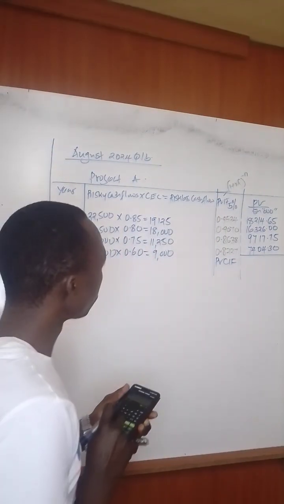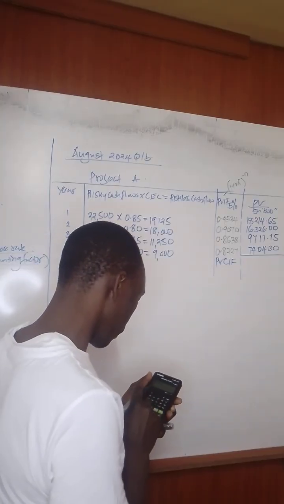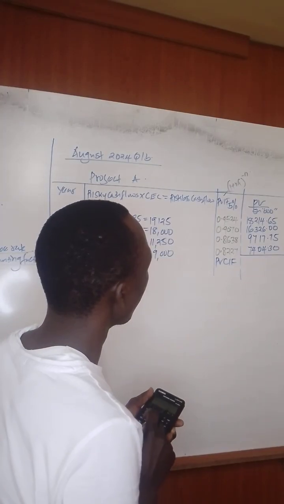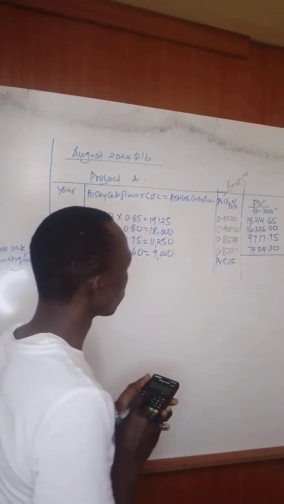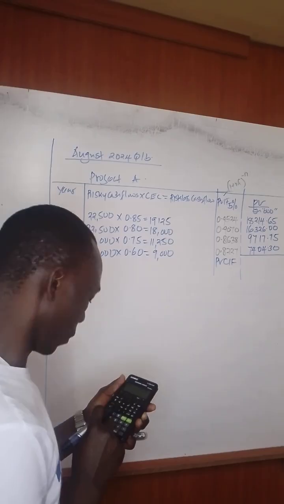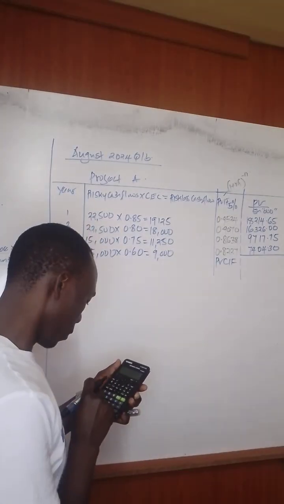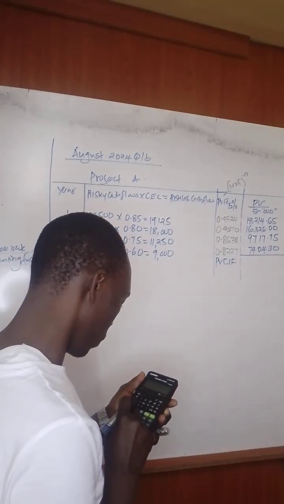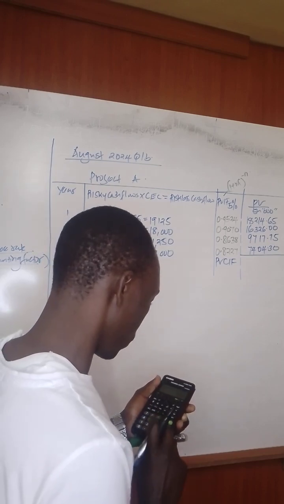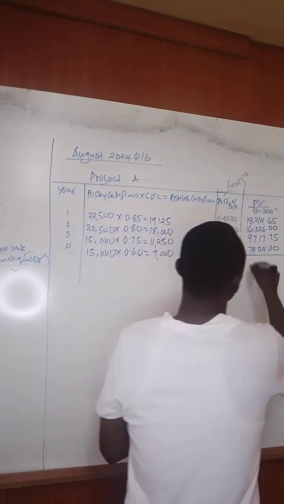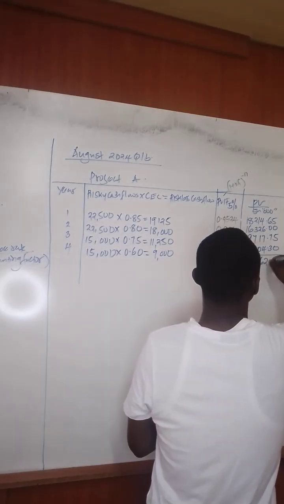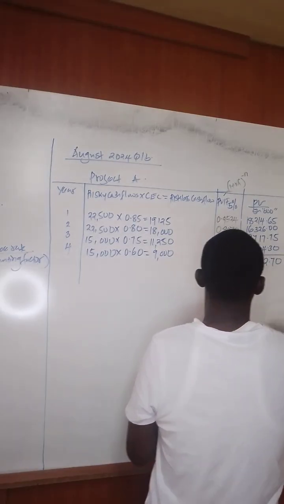So once you sum up, you will get the final output of 51,662.70.